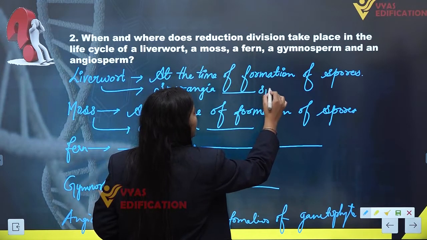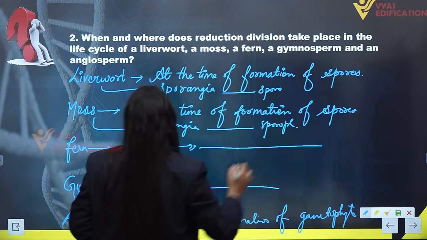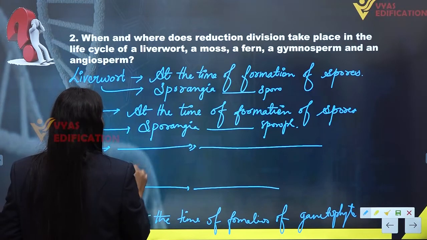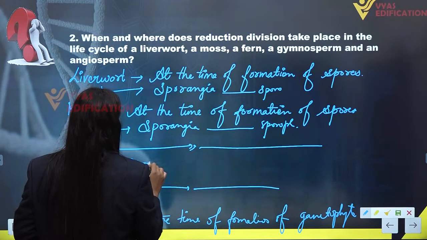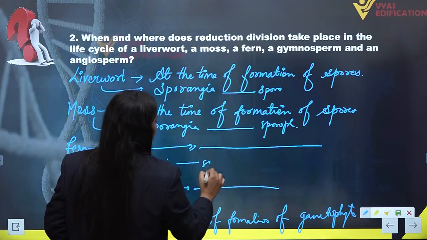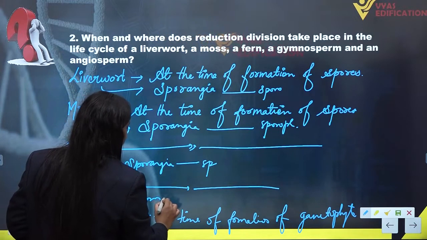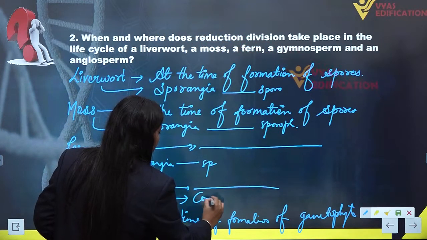These two are present on the sporophytic plant body. And in case of gymnosperms, obviously the same will happen. Sporangia, which is present on sporophyte, and these are also sporangia, but they are present on cones.